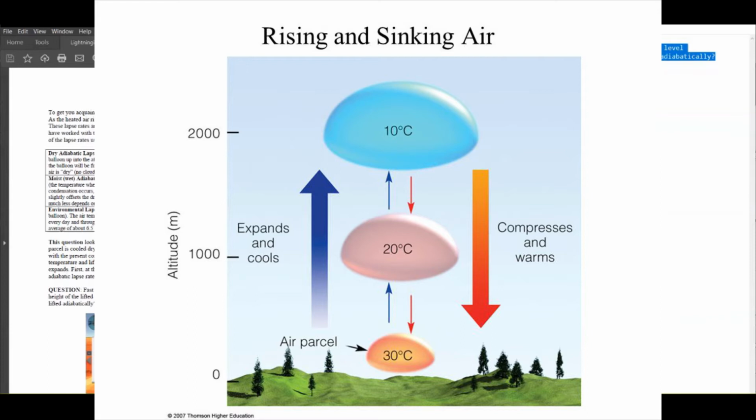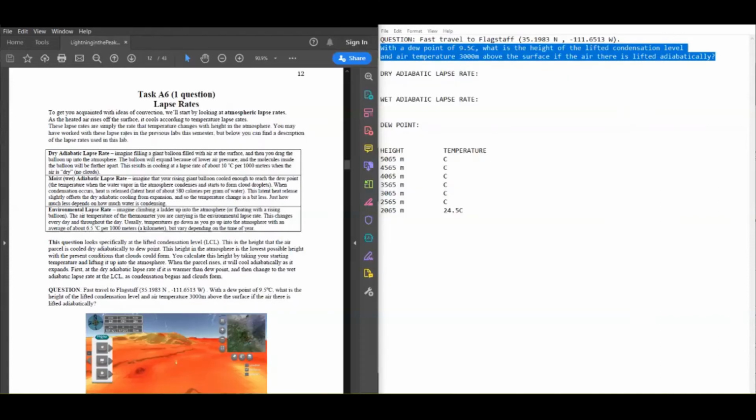You lift this balloon up, and because the air pressure decreases as you go up in the atmosphere, the balloon is going to expand. As the balloon expands, the temperature inside drops because the pressure is dropping, so you're cooling the temperature inside of your air parcel. The rate that this temperature drops is dependent on the moisture conditions in the air parcel.